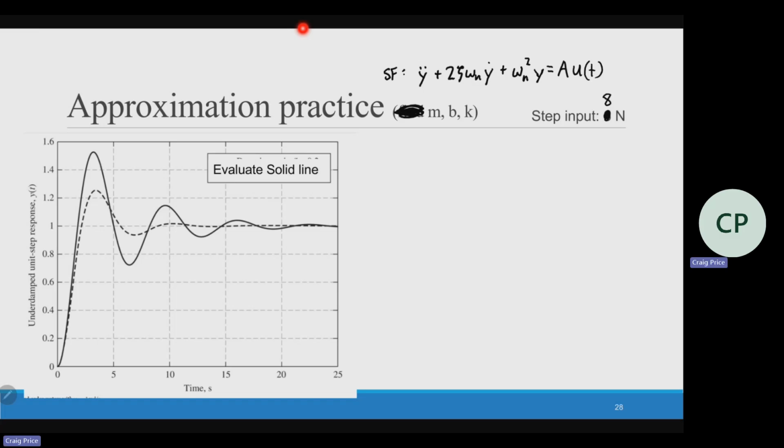So this is a standard form for a second order system. Now, this will not exactly get me M, B, and K, but it'll get me pretty close, because I should be able to approximate the damping ratio and the natural frequency as well.